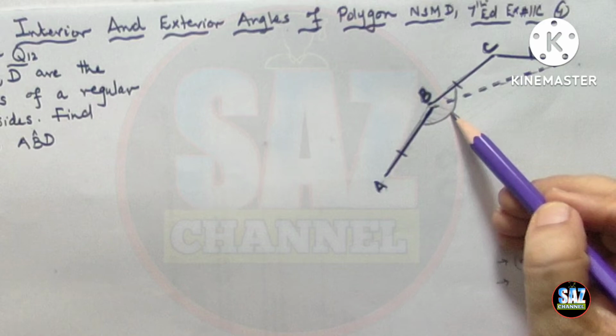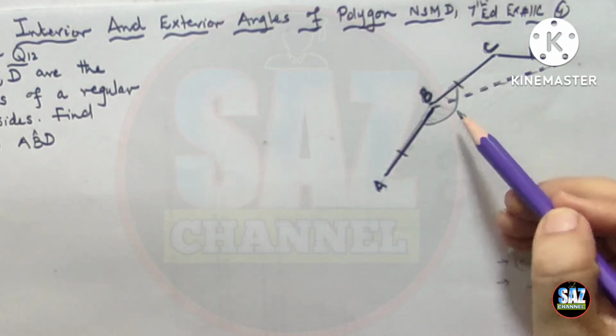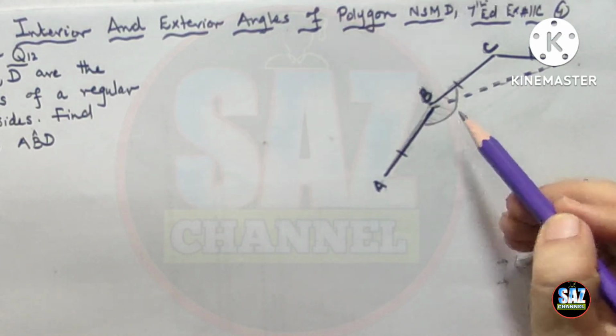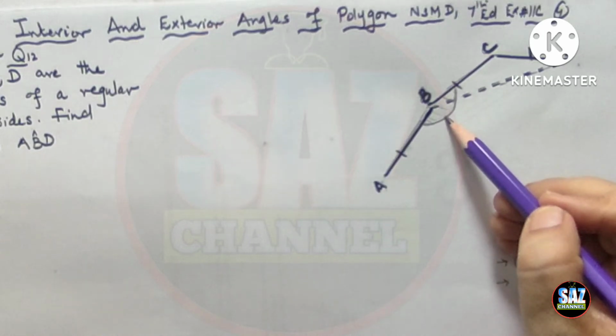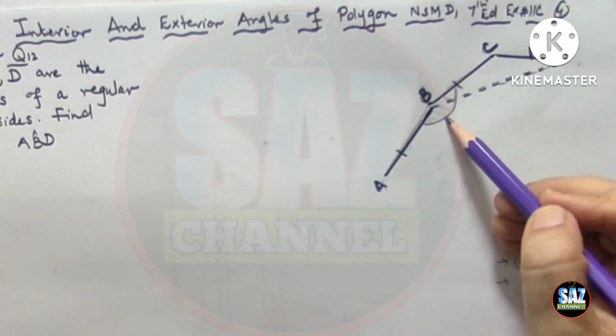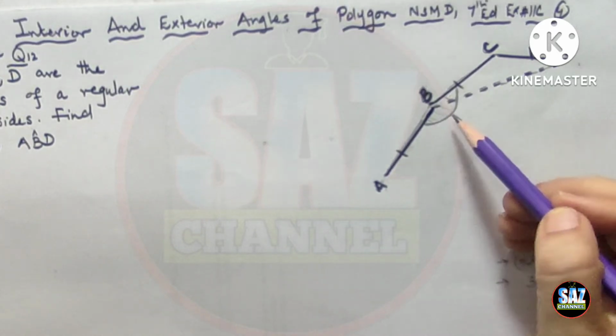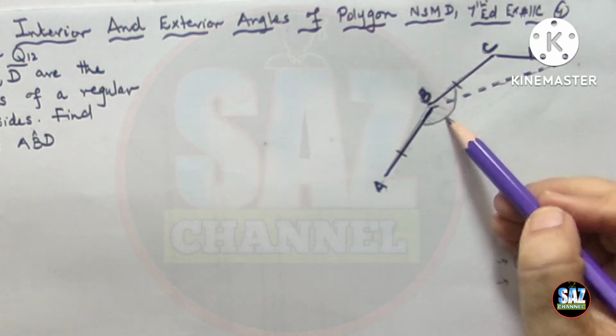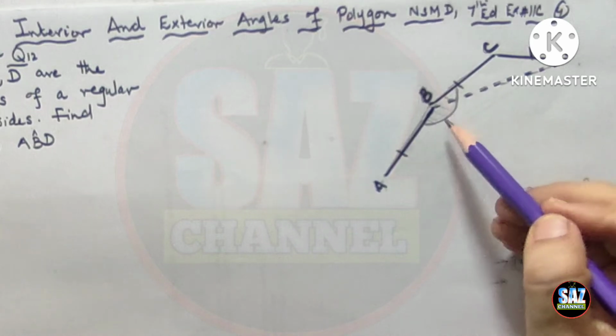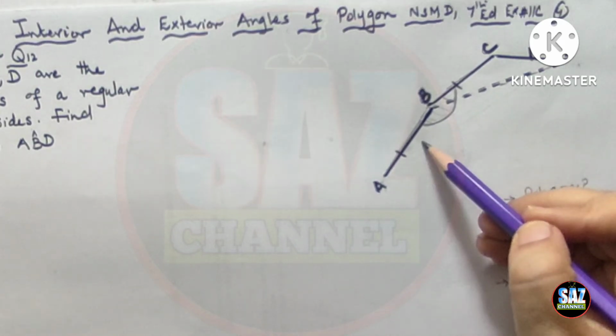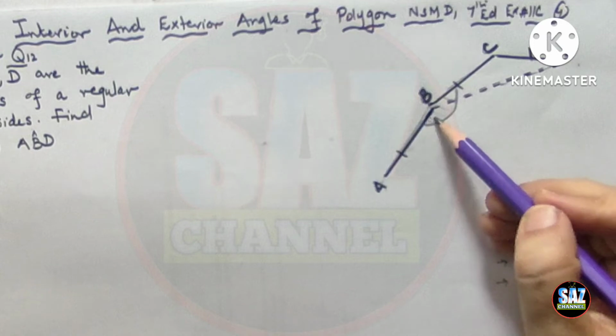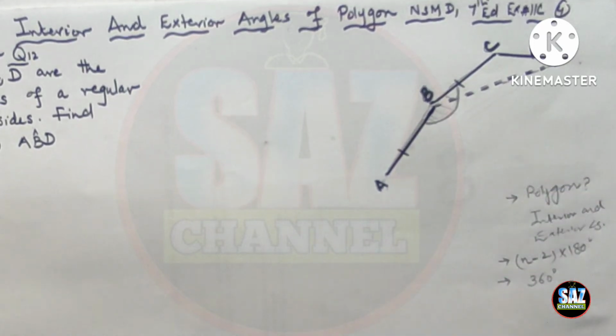So, first of all, we have to find the sum of interior angles of the polygon which has 20 sides, and then we have to find the size of one interior angle of that polygon. I hope you are clear that this polygon has 20 sides, and in the first part we have to find the size of one interior angle.